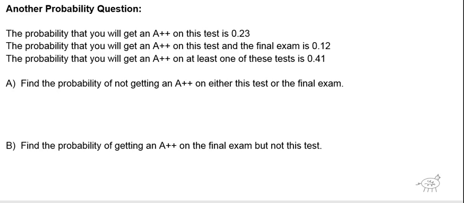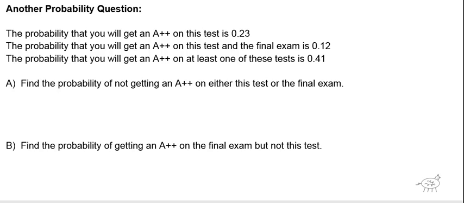The probability that you'll get an A++ on this test and the final is 0.12. And then the last one is the probability that you will get an A++ on at least one of these tests, so it could be the test, the final, or both, is 0.41. So those are the three different probabilities you're given.